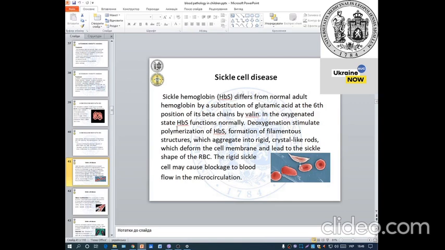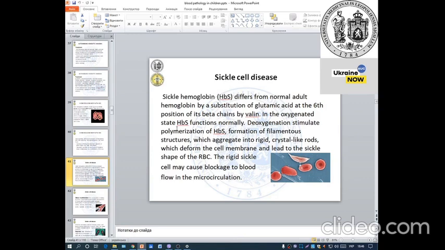Sickle hemoglobin differs from normal adult hemoglobin by substitution of glutamic acid in its beta chain by valine. In the oxygenated state, sickle hemoglobin functions normally. Deoxygenation stimulates polymerization of sickle hemoglobin with formation of crystal-like rods which deform the cell membrane and lead to the sickle shape of the red blood cell.